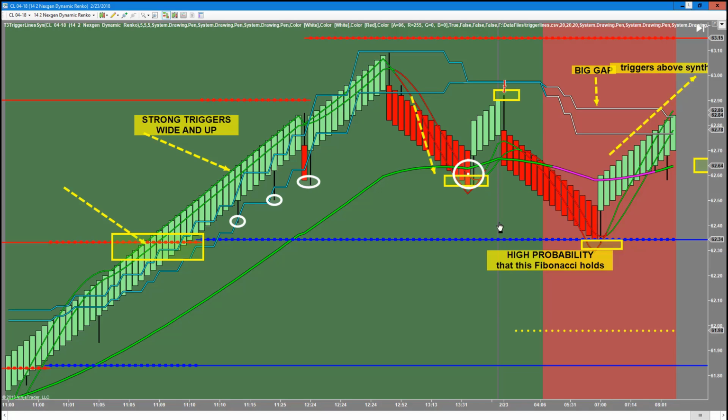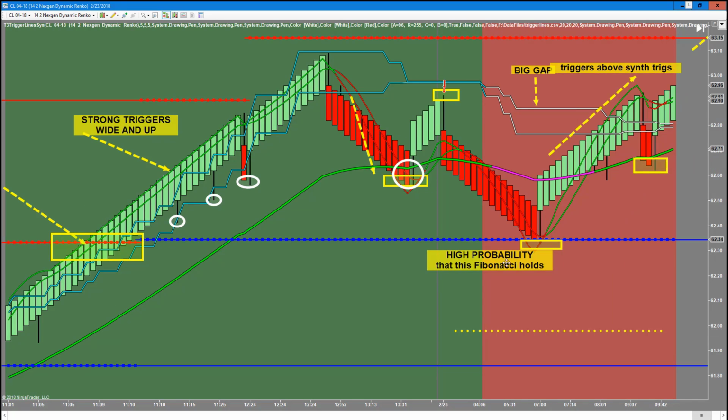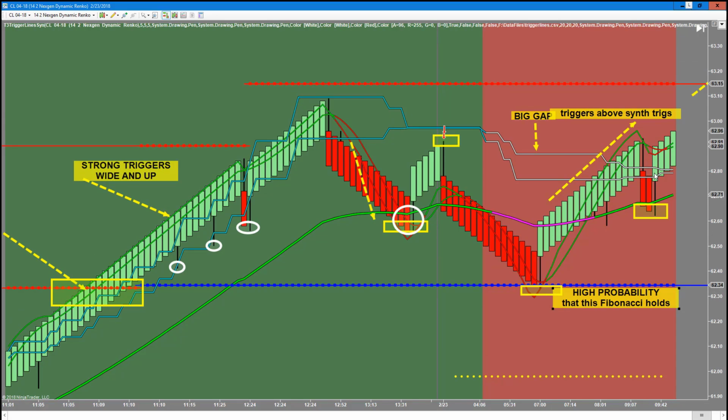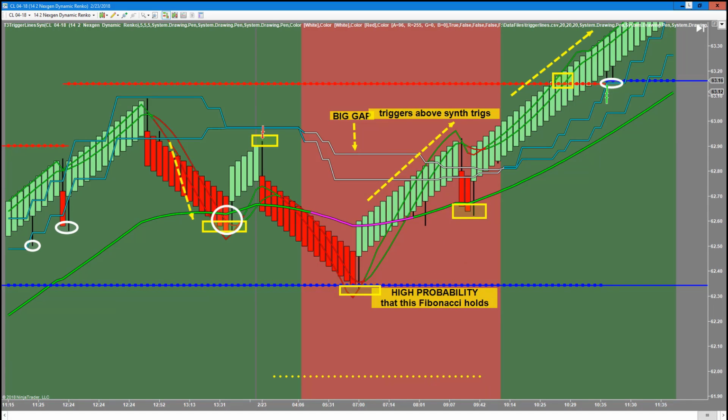Obviously, the bigger the gap, the bigger the bounce. And when we use this same logic, as we're looking at either mid-bands holding or Fibonacci areas holding, location of triggers versus the triggers is important, and location of triggers versus our Fibonacci areas, as you've already seen, are very important.